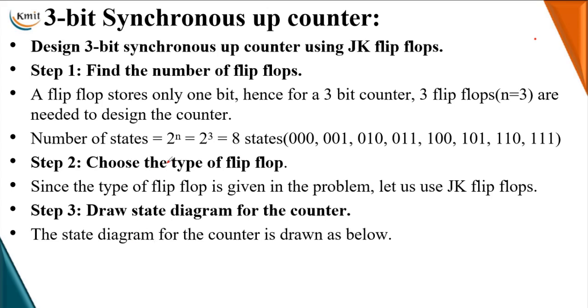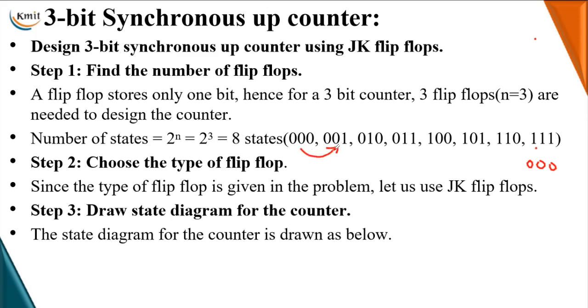Those 8 states are 000, 001, 010, 011, 100, 101, 110, 111. Upon reaching the last state, which is 111, it comes back to its initial state, which is 000. Observing this up counter, the equivalent decimal code for the initial state is 0, next state is 1.